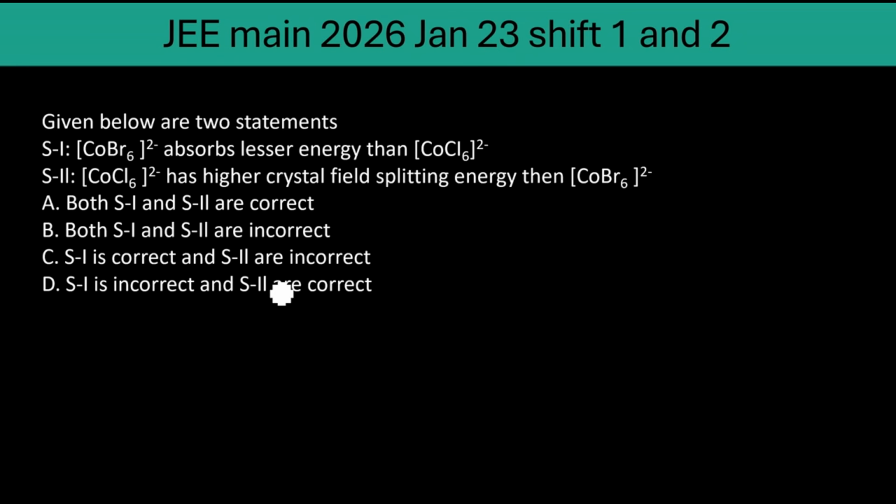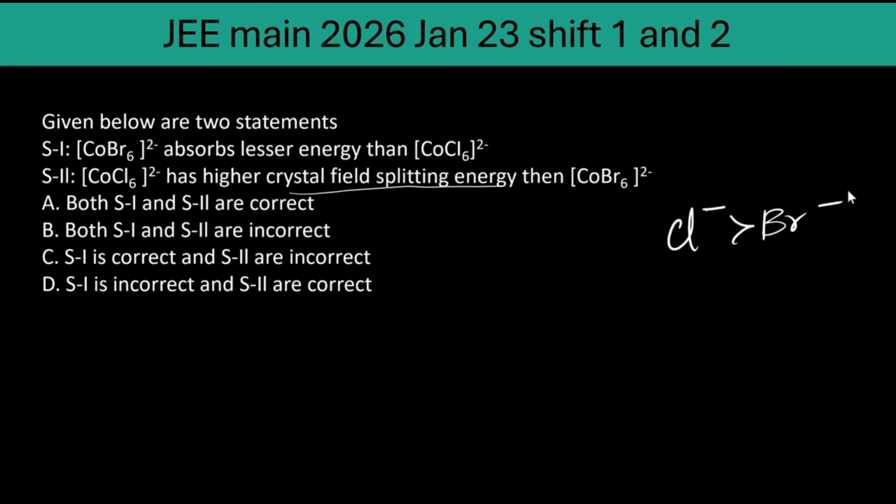The next one: given below are two statements. Statement 1: CoBr6 complex absorbs lesser energy than the CoCl6 2-, and statement 2: CoCl6 2- has higher crystal field splitting energy than the bromide complex. According to the spectrochemical series, Cl- comes first and then Br-. So Cl is a strong field ligand, then Br-.